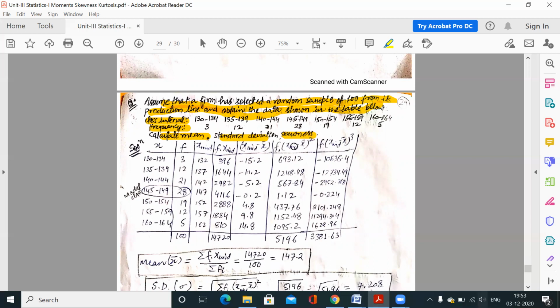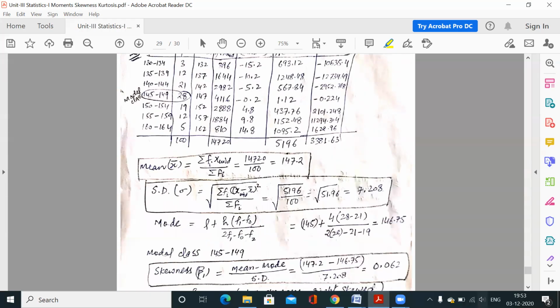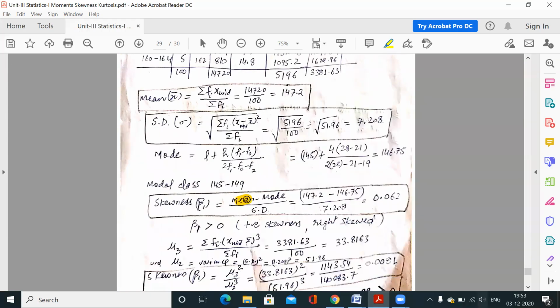So we can use any of the formulas, either using the central moments or using the mean, mode, median. But here in this question, because we need to calculate mean and standard deviation also, we will apply that formula. So the only thing left is mode. So we will calculate mode also, and directly we will calculate beta 1.